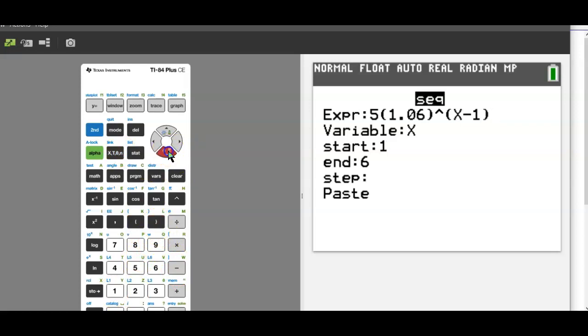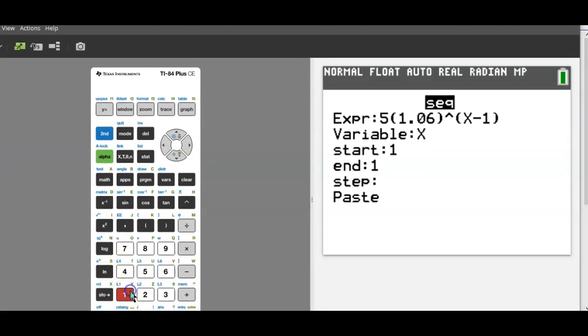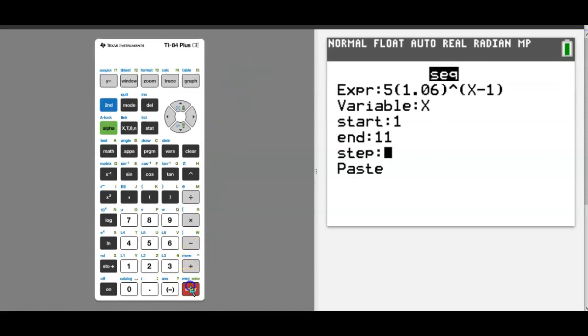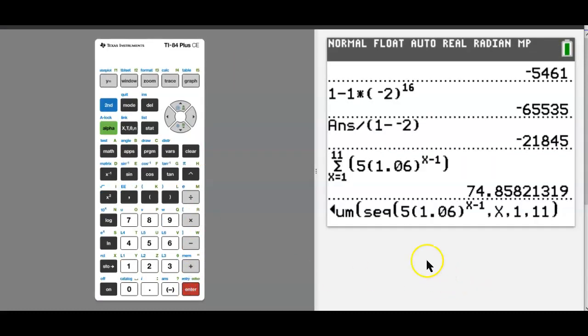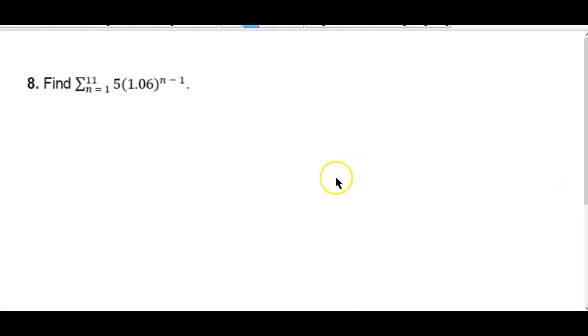And the variable's x, and we were doing the sum of the first, was it 11 terms? This is how you would have to type it if you had a really old calculator that didn't offer you those little hints. You'd have to put it in with all those commas. And then it should come out exactly the same thing. 74.858 is what I'm going to write down.